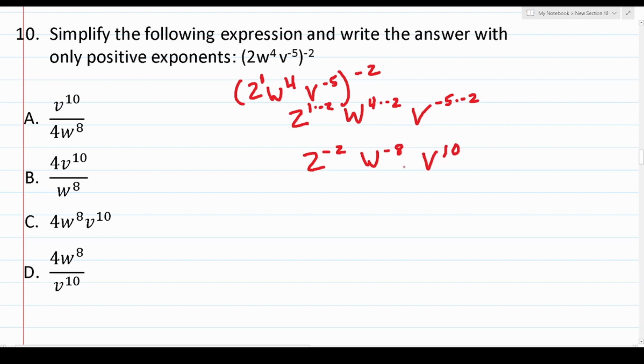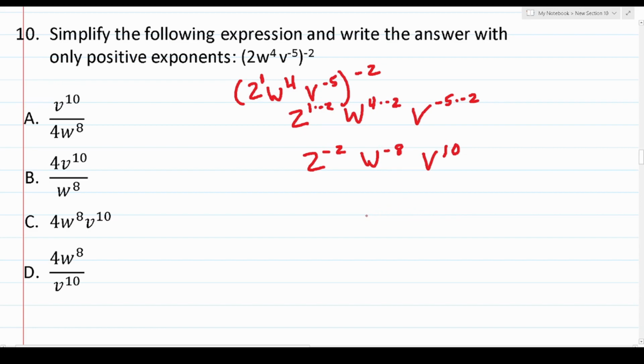Okay, so we've gone ahead and used the product rule to expand what's in parentheses here. And according to this problem, we can only use positive exponents. This is pretty easy to fix right here. When you have a negative exponent, if you bring it into the denominator of a fraction, it becomes positive.